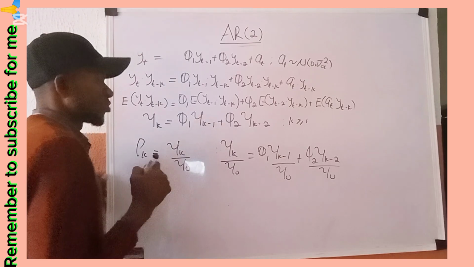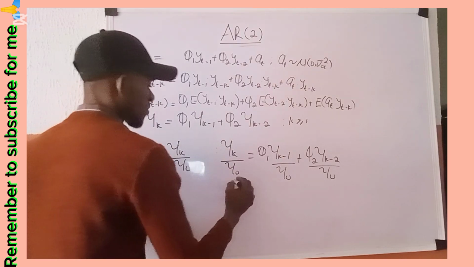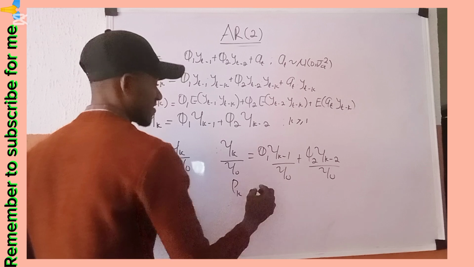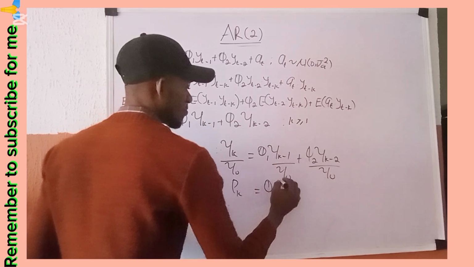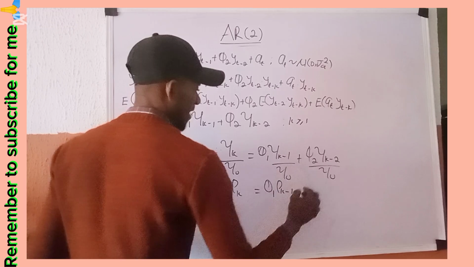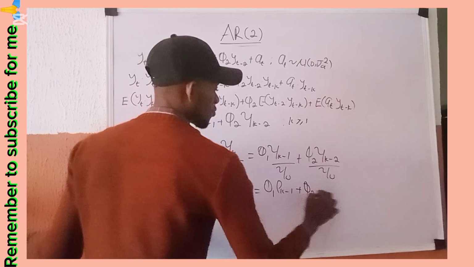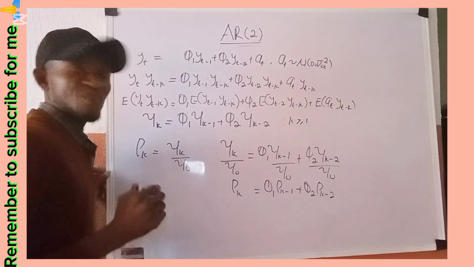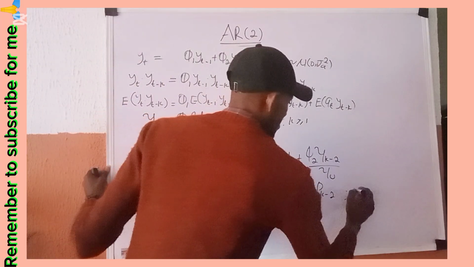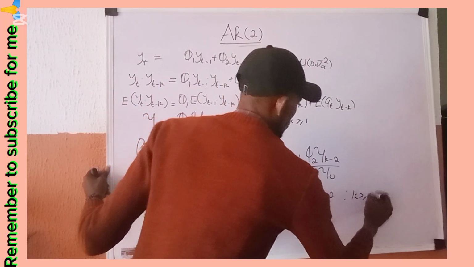Here becomes our rho k, which is equal to phi 1 rho k minus 1 plus phi 2 rho k minus 2. This condition is equally for k greater than or equal to 1.